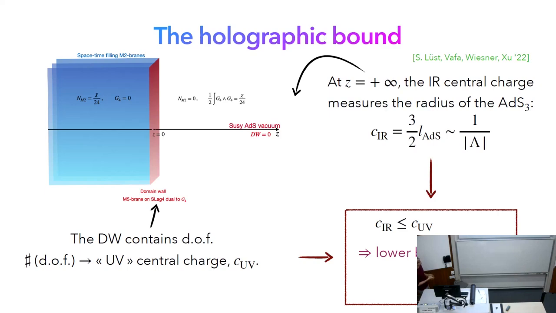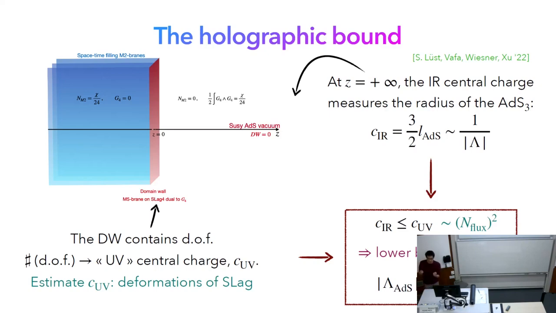And so, in this paper, these authors estimate the central charge in the UV by computing the number of deformations of the special Lagrangian of this domain wall. It turns out that the central charge in the UV scales like the number of flux squared.